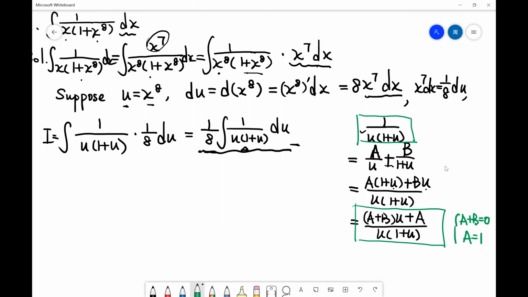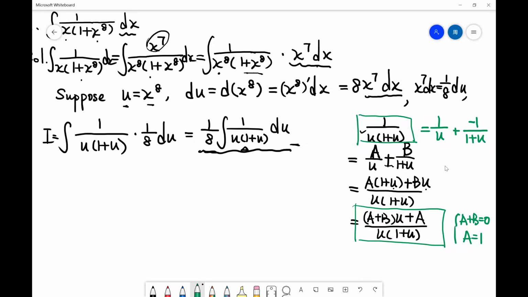right? So we know that 1 by u times 1 plus u can be written as 1 by u plus, here b means minus 1 here, right? Minus 1 by 1 plus u.